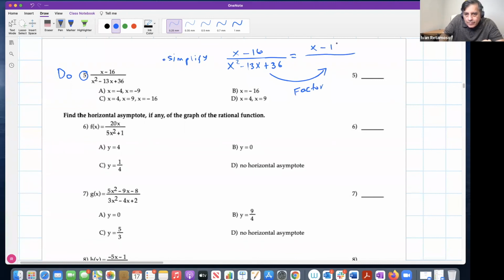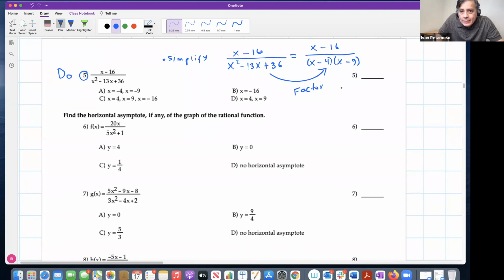Remember, you do this sort of FOIL in reverse. You think of 2 numbers whose product is 36 and whose sum is negative 13. After some trial and error, you end up with 9 and 4. You want the sum to be negative 13, so both have to be negative. The product is still positive 36.